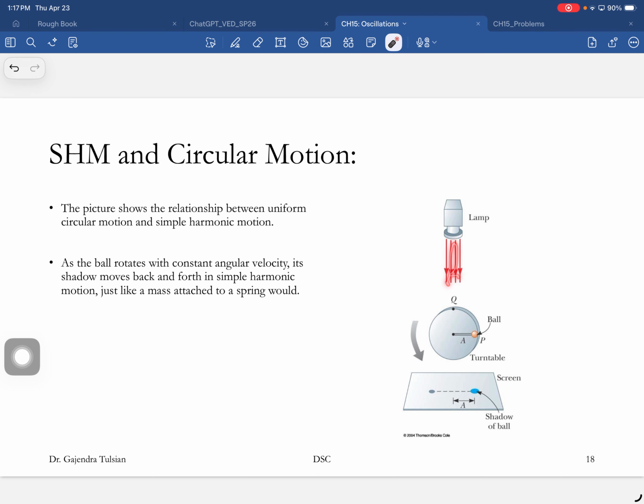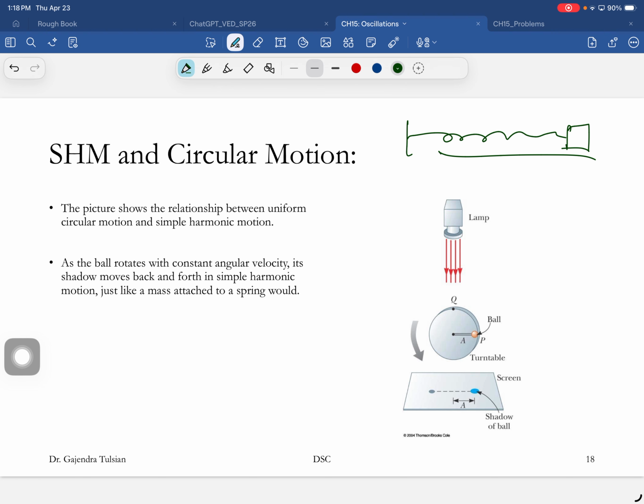Let's say you project the ball's shadow on this surface. The shadow is executing exactly the same motion as this mass attached to the spring.